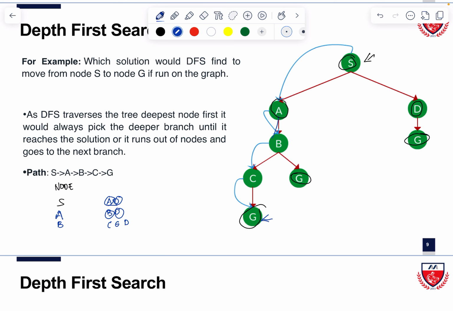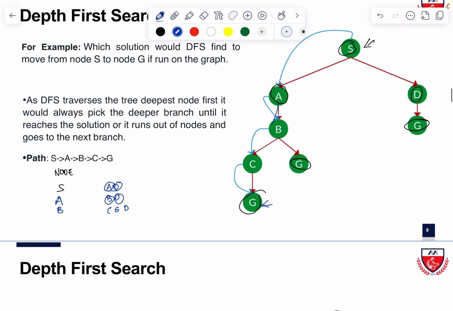Then afterwards, we visit letter C or node C, and then node C has a children G, right? And we have not yet visited D, hindi natin na-visit si D. So, we have already reached G, right?